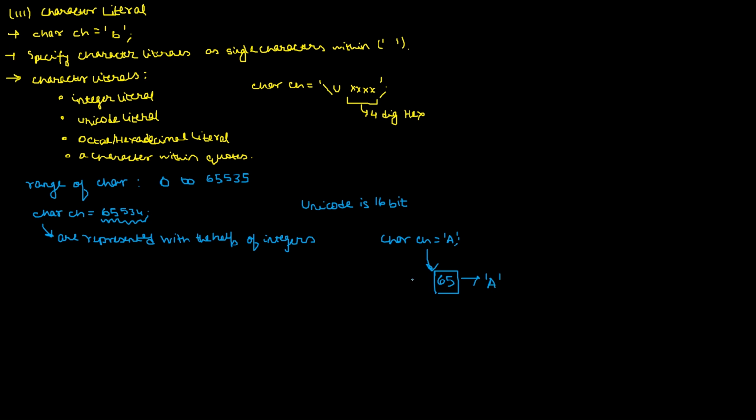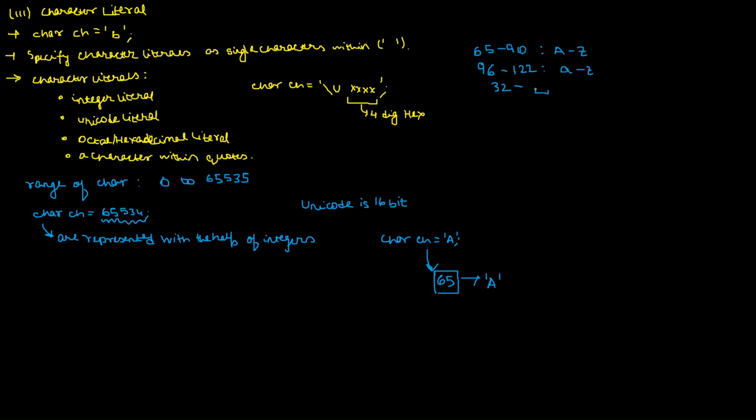Note this. There is a range of ASCII values. 65 to 90 belongs to capital A to capital Z. 96 to, I suppose, 122 belongs to small a to small z. 32 belongs to a space character, a blank space.